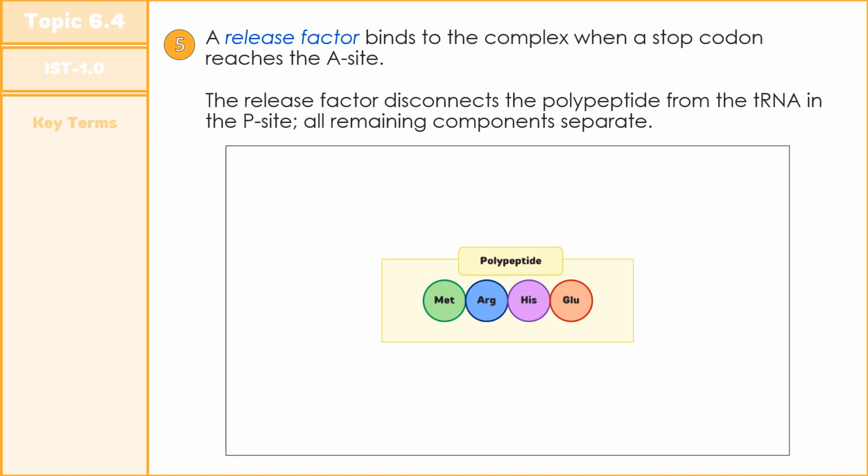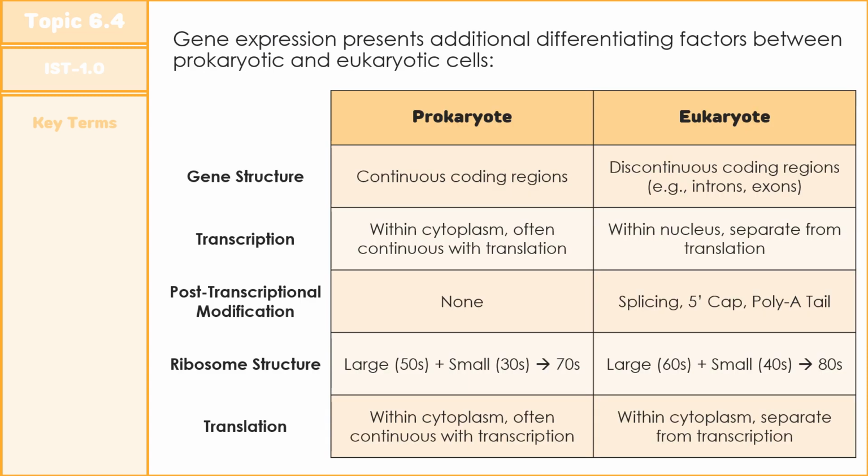and we are going to be left with the product of this whole gene expression process, our polypeptide. Now, over the course of this and the previous video, we have discussed different components that help us to distinguish prokaryotic cells from eukaryotic cells.